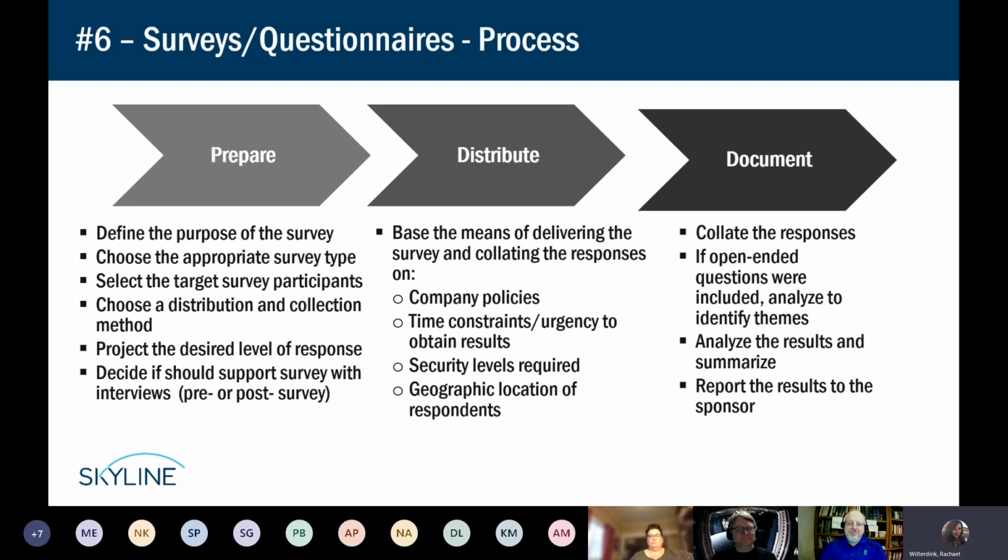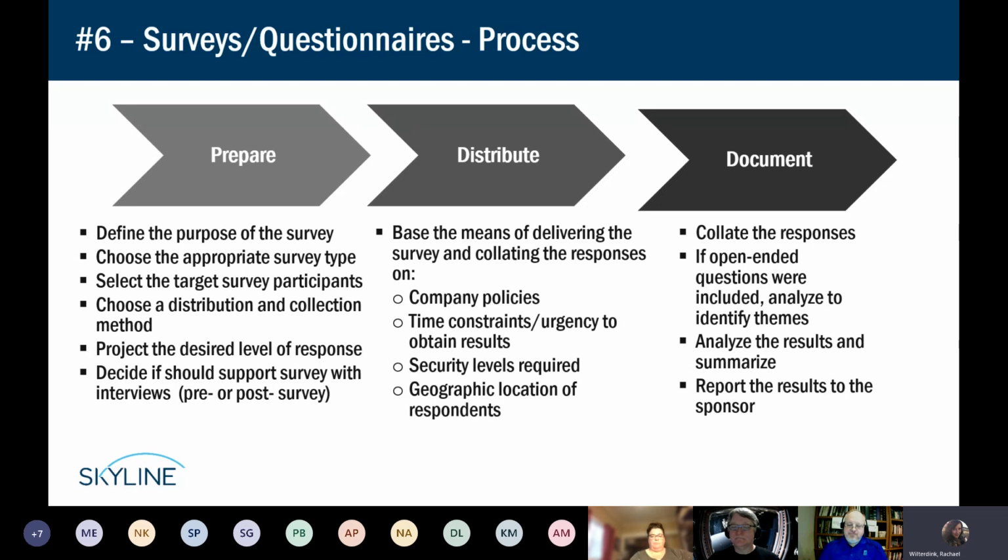Most people are doing online surveys, census aside. But you want to make sure that you have a good wide distribution so that you can make sure your results are meaningful. And you also want to make sure you're following your company's policies in terms of distribution and make sure that people's personal information is protected. Otherwise, you could open yourself up to a lawsuit or something, so be careful there.